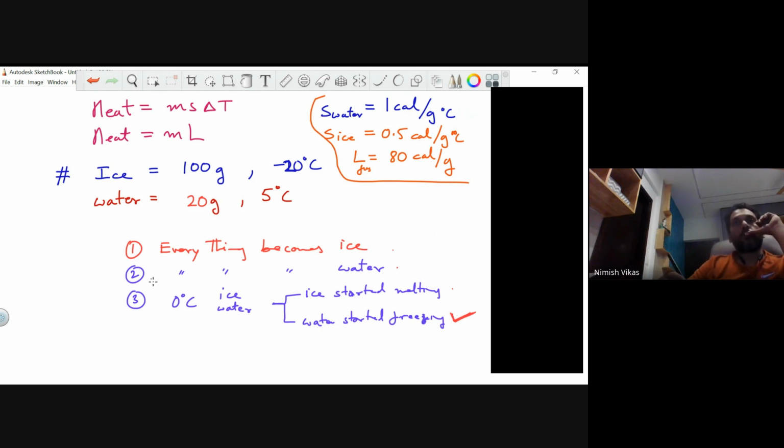You have to come to one of the three conclusions by doing some rough calculations. So what will you do? You'll imagine all the three situations. You'll say that, okay, everything becomes ice, or everything becomes water. One of the better ways of coming to a conclusion is doing some rough calculation of all the ice going to zero is how much of heat.